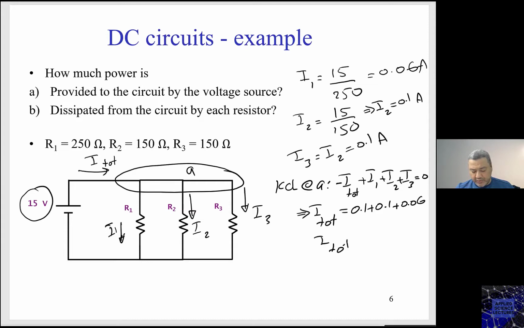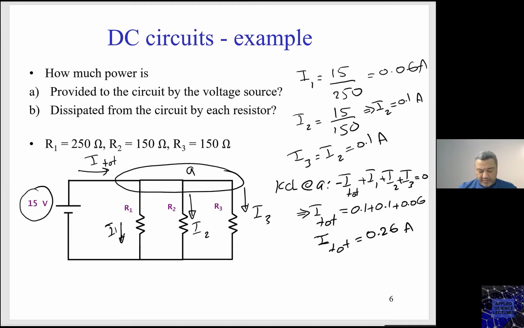I tot equals to 0.26 ampere. 0.26 ampere is the total current.